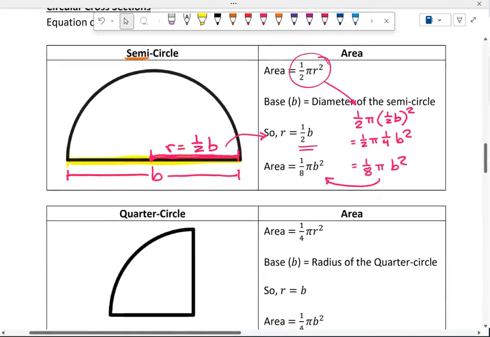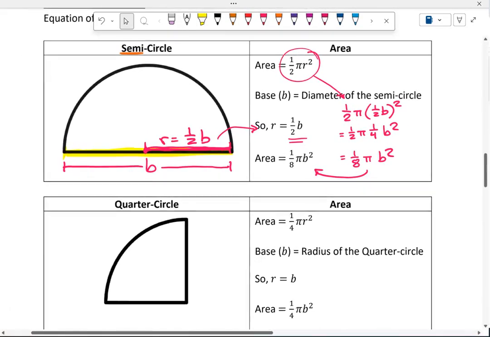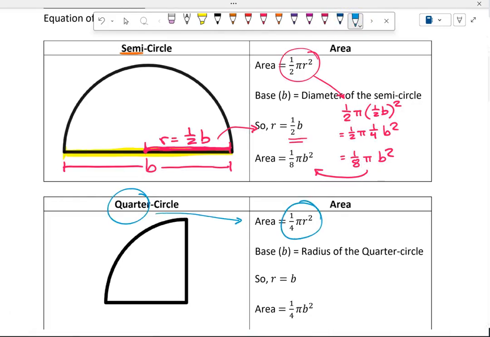All right. Quarter circle, as we know, is a quarter of a circle. That's why we have 1/4 pi r squared. If we have a quarter circle, this would be the base of our top minus bottom or right minus left. Well, what is that in a quarter circle? That is the radius.